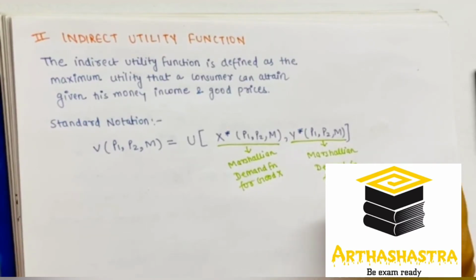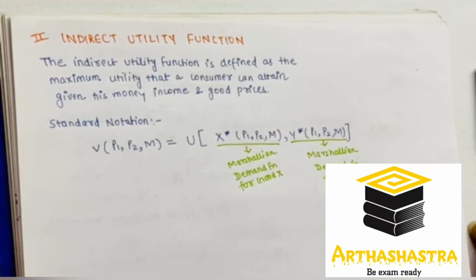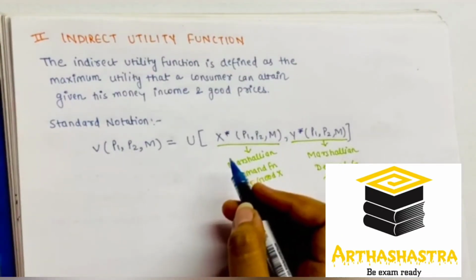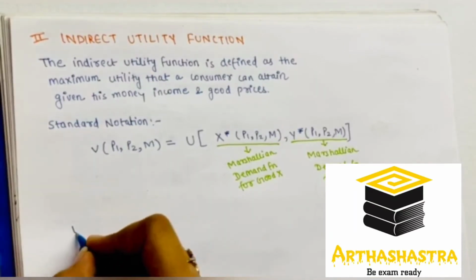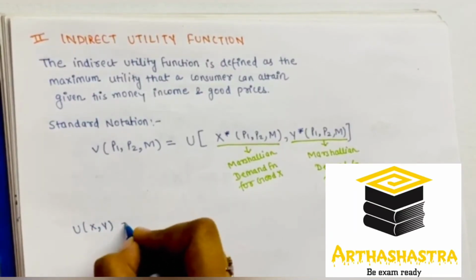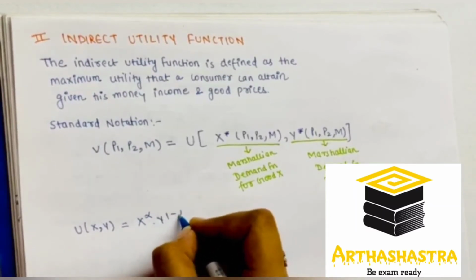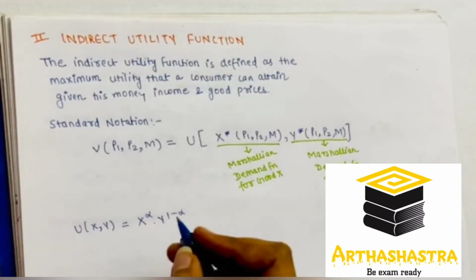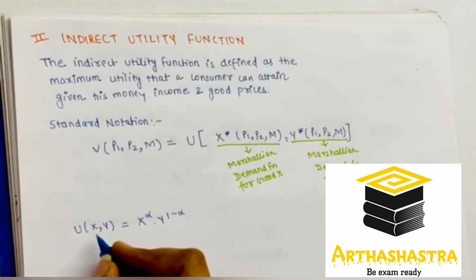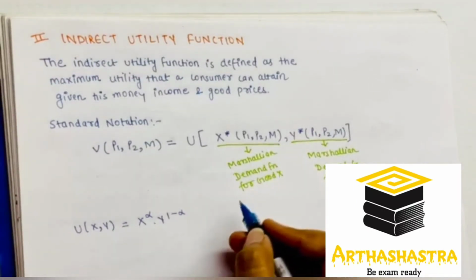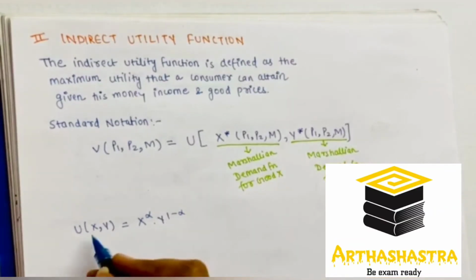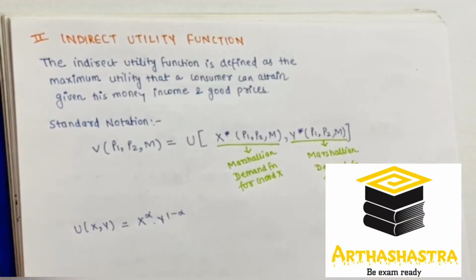Now to find the indirect utility function, you just have to substitute. Okay, what was the utility function? It was x raised to the power alpha times y raised to the power 1 minus alpha. You just have to substitute the ordinary demand functions or the Marshallian demand functions in this function to find the indirect utility function.